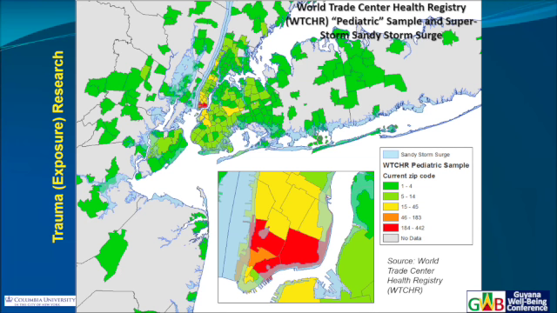And the bluish overlay is the flooding from Superstorm Sandy, which occurred several years ago in 2012. By overlaying the population polygons with the water damage, the flood zones, we can predict how many people of that population were in harm's way or were exposed to a traumatic exposure.